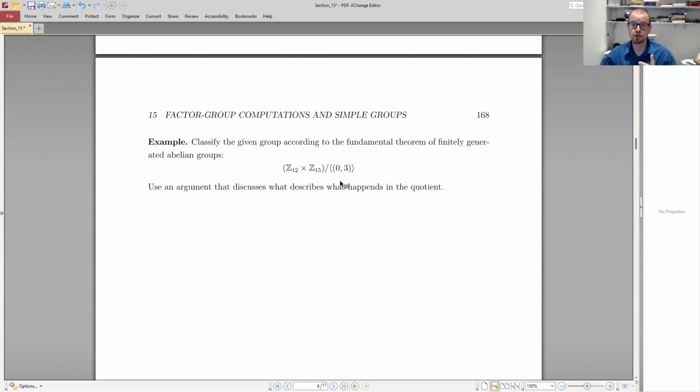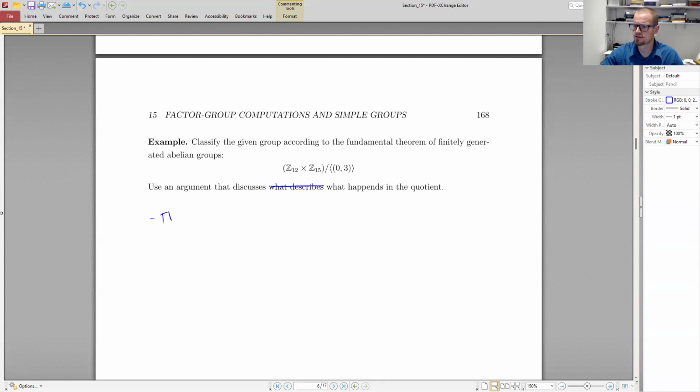All right, so we're going to approach this example twice. Once here, where we use an argument that discusses what happens in the quotient. Okay, we want to describe what happens in the quotient. So in the quotient, what we're going to have is that Z12 is essentially unaffected, right?